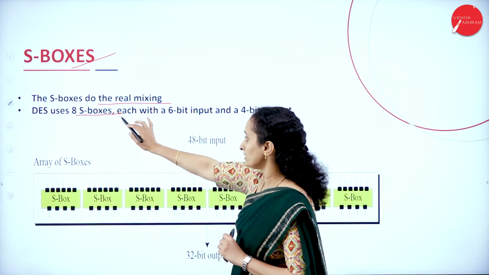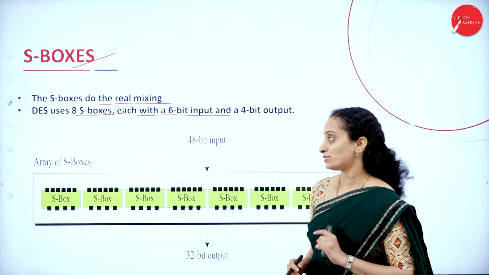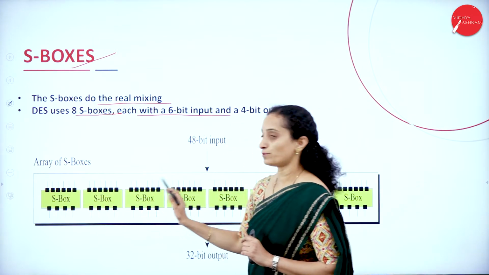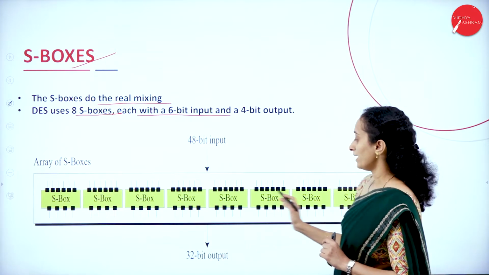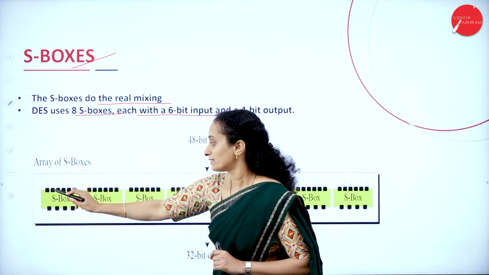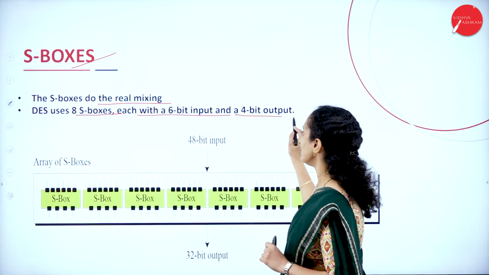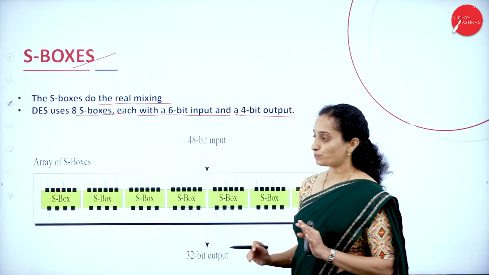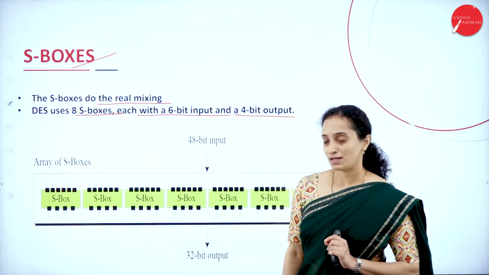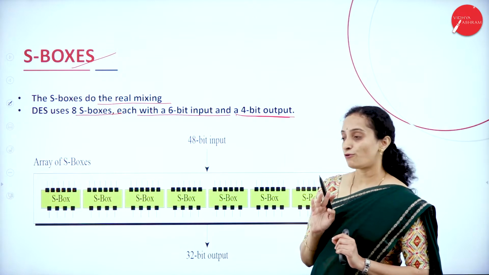What we can do is, we can use 8 substitution boxes, each with a 6-bit input. Okay. 8 boxes with 6-bit input. See here, we have 6-bit of input and a 4-bit output. In substitution box, we are using the compression P box. Okay. And producing the 4-bit output.